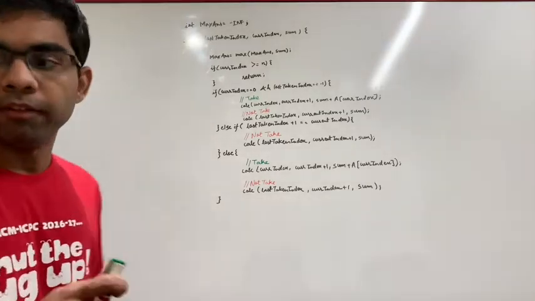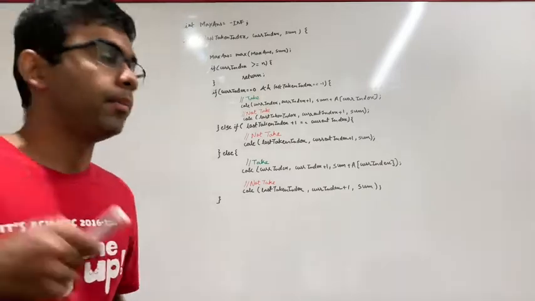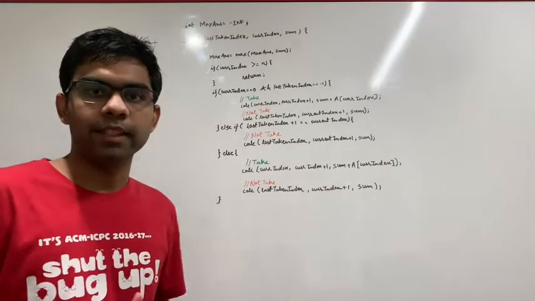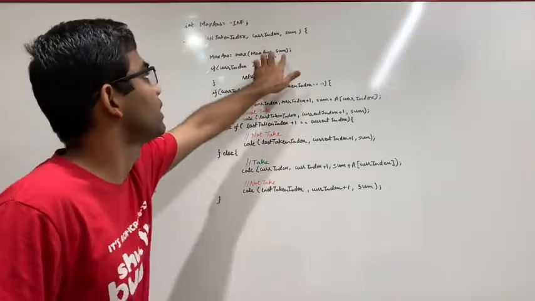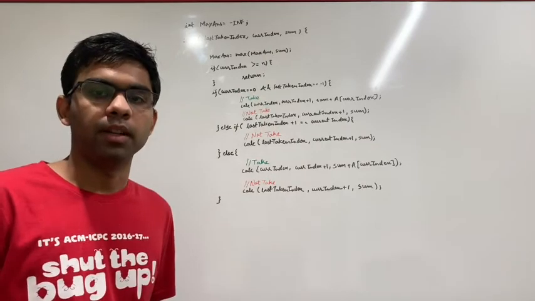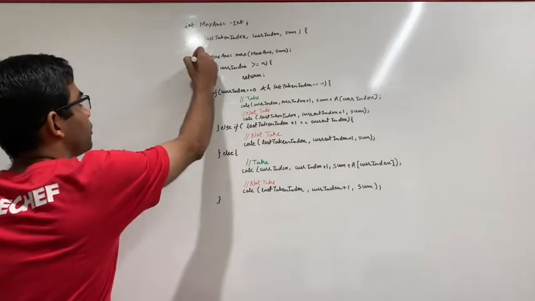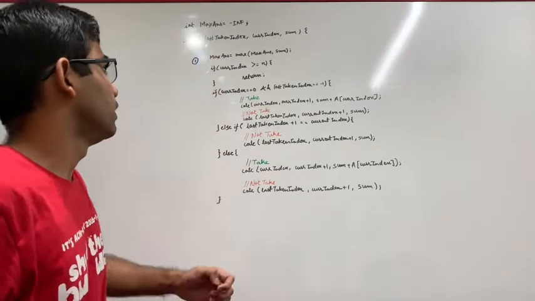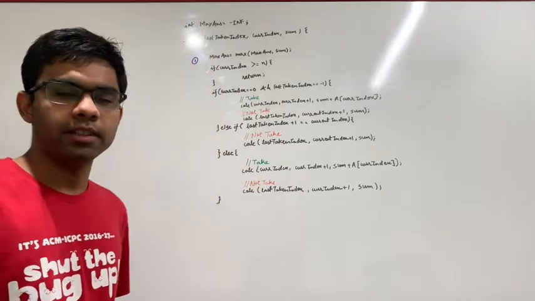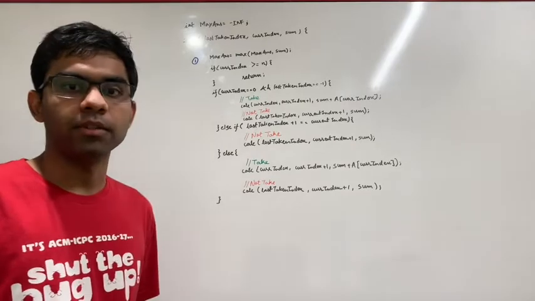So in my first step, what I am doing is I am comparing max ANS to the sum, and my sum is my current sum. So this was my first step. In the second step, what I have written is the base condition for the recursion.